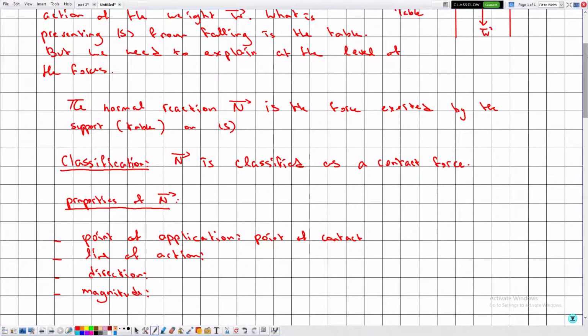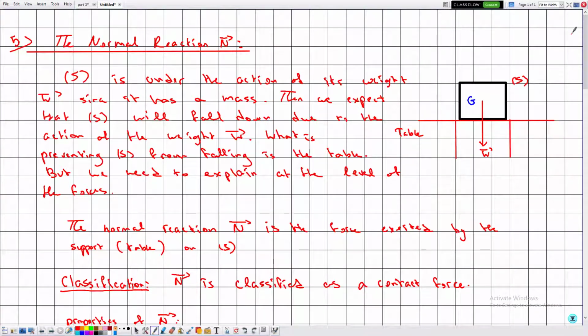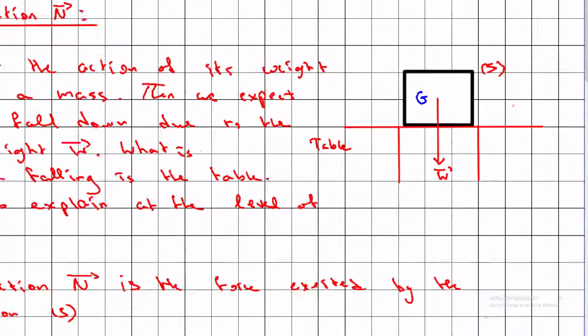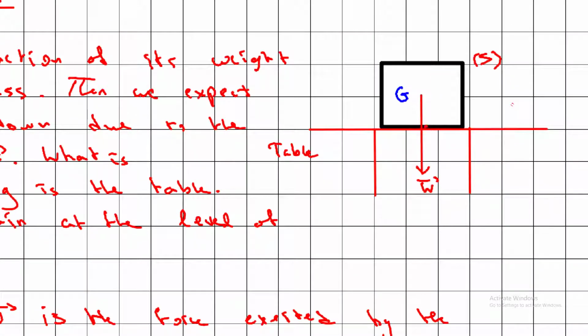Now, what is the point of contact? The point of contact is the point of connection between the two bodies that are interacting. The solid S is placed on the table, so they have several points in contact, given by this point, this point, this point. All of these are points of contact, but we will consider only one point, this one.